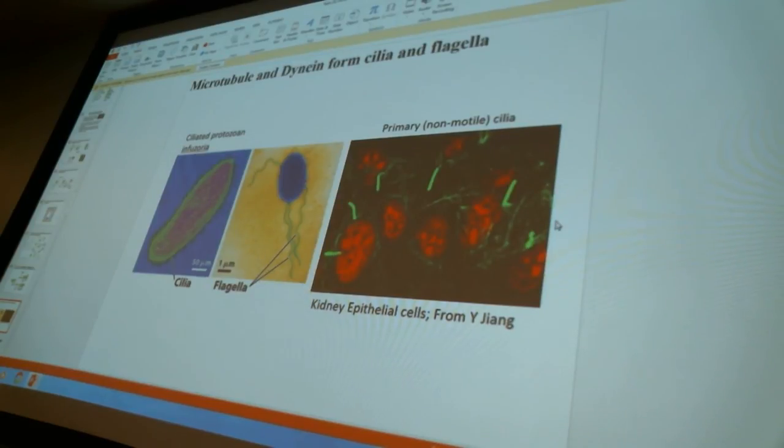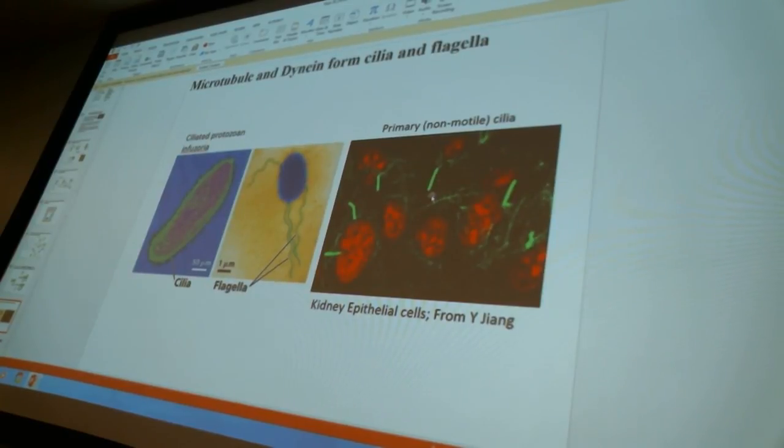Here's another example, so-called primary non-motile cilia, and this is a very interesting type of extension. A lot of times when we look at how cells are drawn, they may contain some microvilli, but in fact most of the cells, if not all, will have a little antenna. This is like a little organelle, and it's only one per cell.